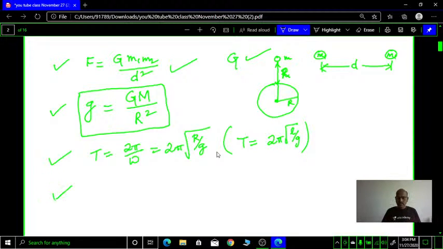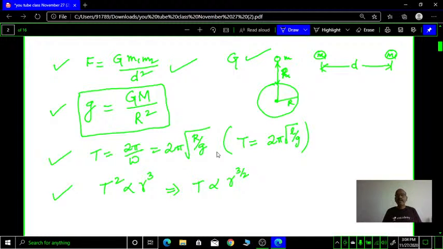And Kepler's laws of planetary motion, we all know: law of orbits, law of areas, and law of periods. In the law of periods, keep in mind, the square of the time period is directly proportional to the cube of the radius. Further, we can write T is proportional to R^(3/2).